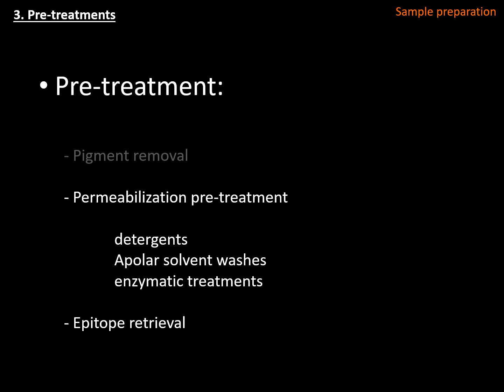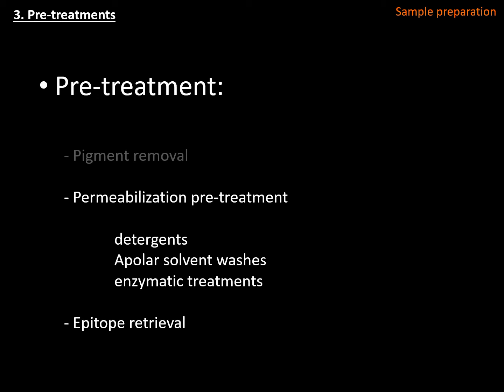Or you have to permeabilize with different pre-treatments in order to allow your reagents, namely the antibodies, to get into their targets. And you have different approaches like detergents, polar solvent washes, or enzymatic treatments.